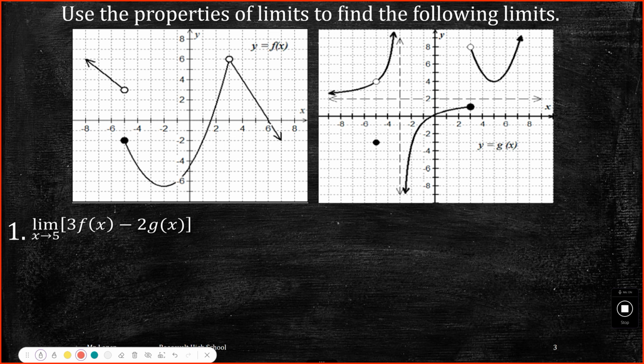The limit will be distributed, and also we can factor out the 3. So this answer is going to be 3 times the limit as x approaches 5 of f of x, minus 2 times the limit as x approaches 5 of g of x. So I'm already using two properties of limits to do this.